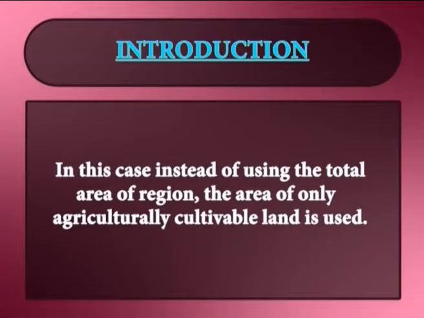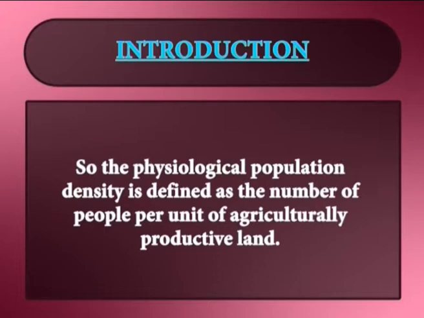So, a better way to define population density is to use the concept of physiological population density. In this case, instead of using the total area of the region, the area of only agriculturally cultivable land is used. So, the physiological population density is defined as the number of people per unit of agriculturally productive land.